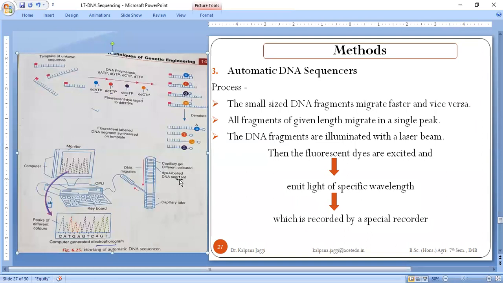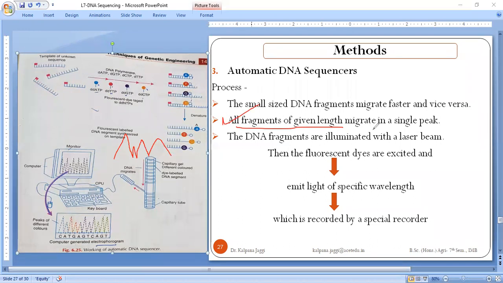One more thing to keep in mind is that all the fragments whose length is the same will move in a single peak. Fragments of different length will move in different peaks, because the analysis is done on the basis of peaks, right? So this is an important point.